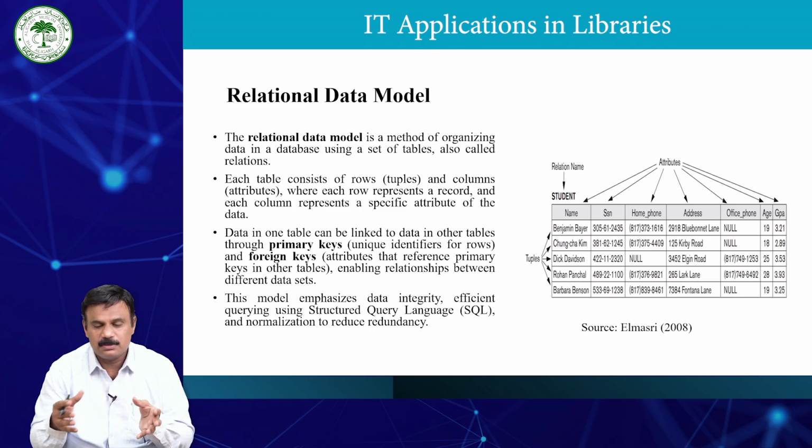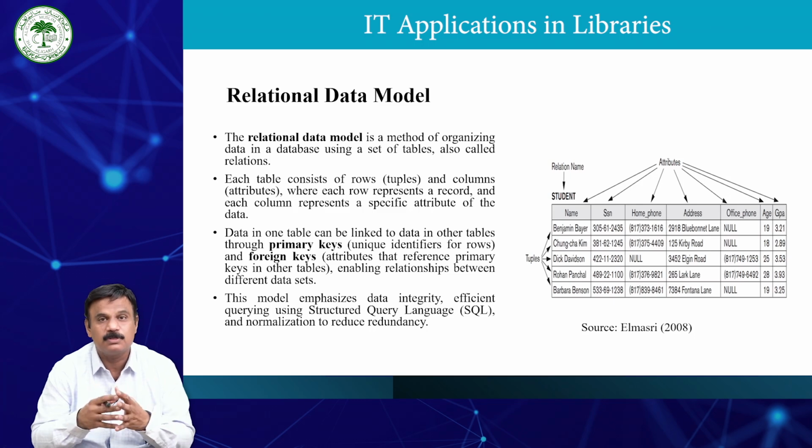It is clear from this figure that each table consists of rows, tuples, and columns, attributes, where each row represents a record and each column represents a specific attribute of the data.